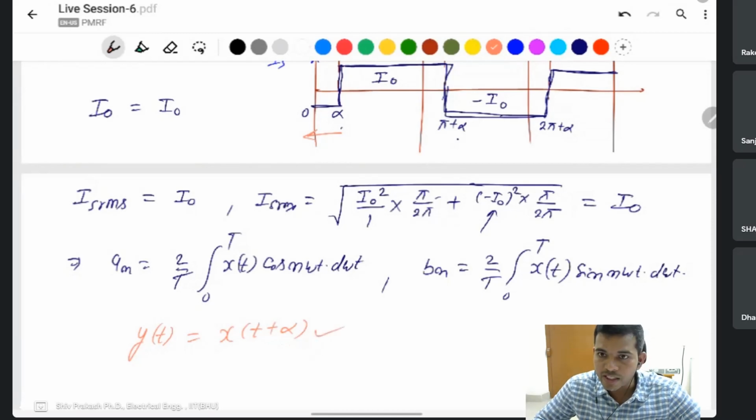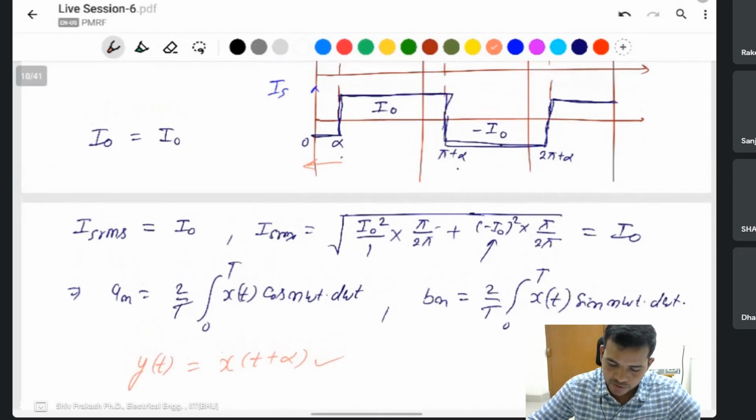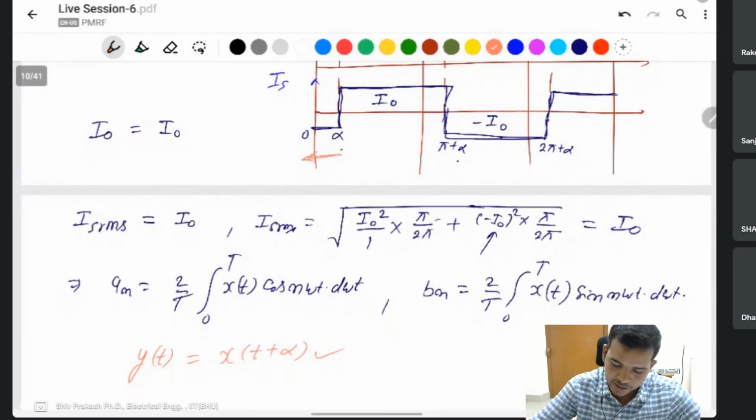If you know signals and systems, then you can find the Fourier series of this easily. But I will explain this one. If you shift this signal by plus alpha, then this signal starts from 0.